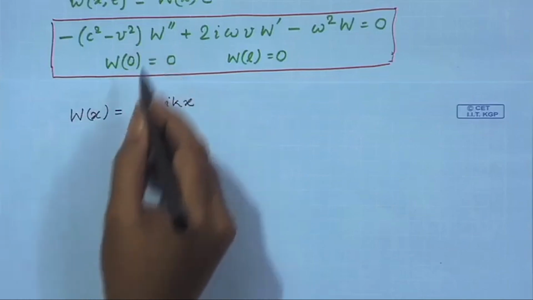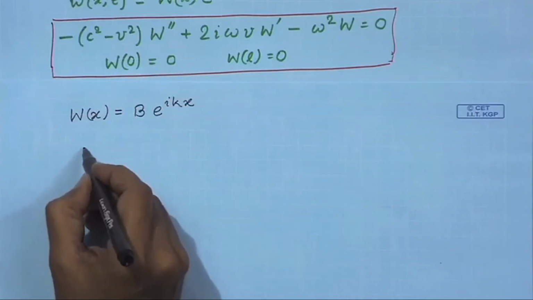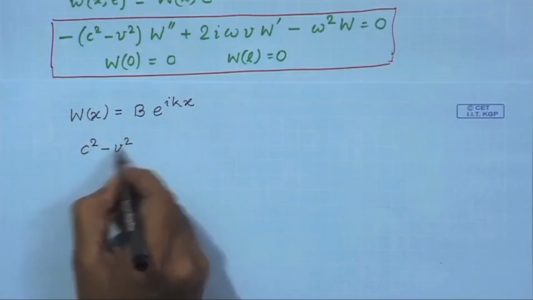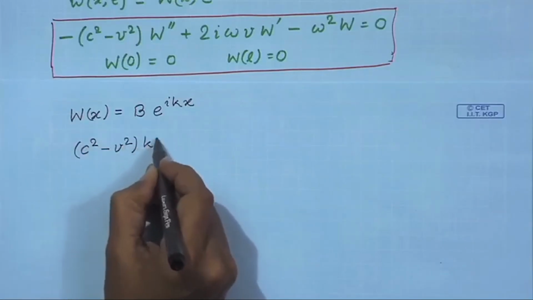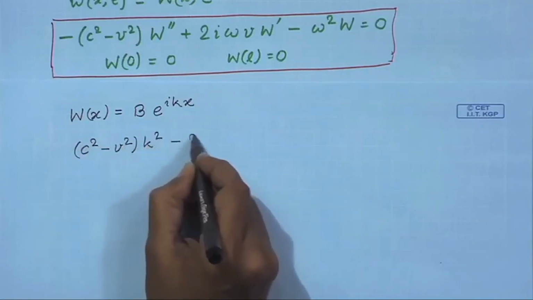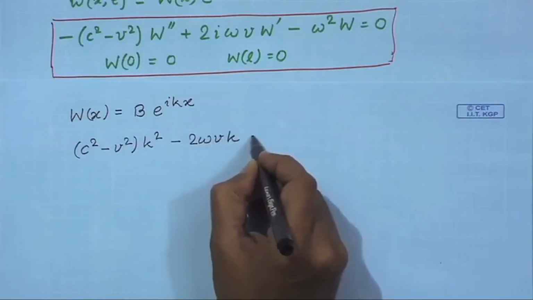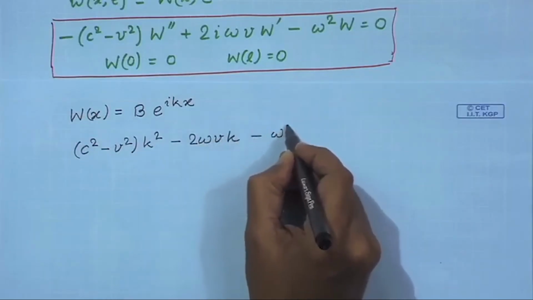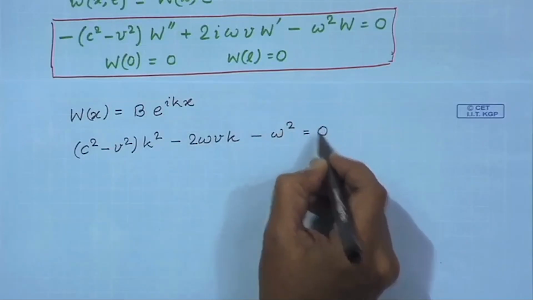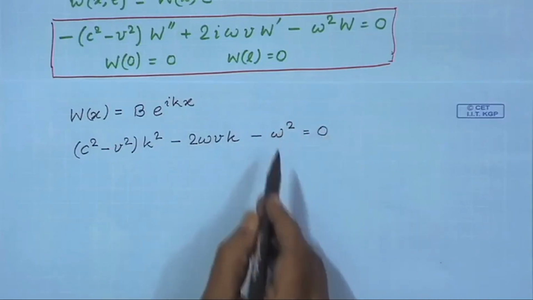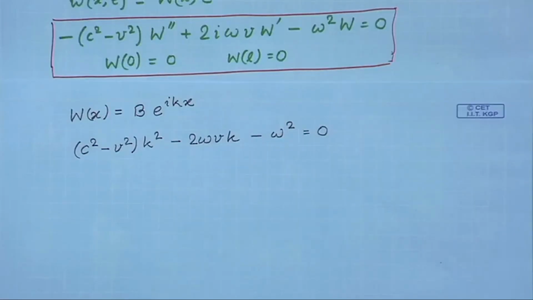So, if you substitute in here, I must point out that this omega is the circular natural frequency of the system.